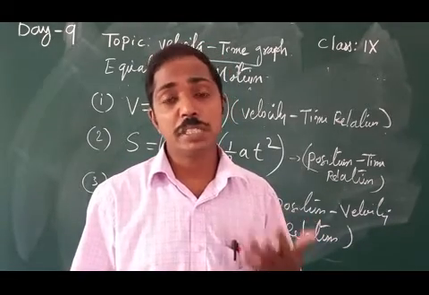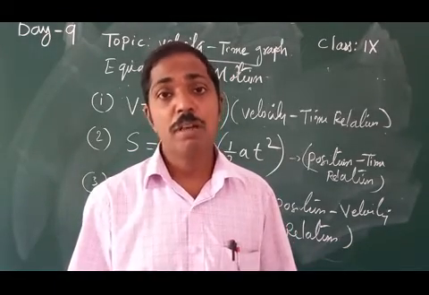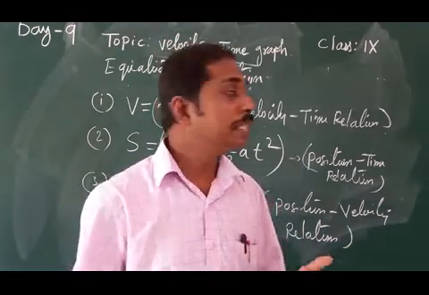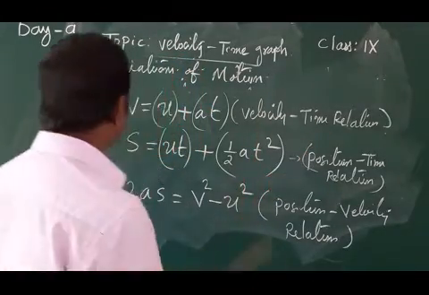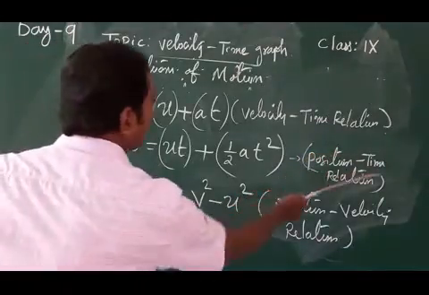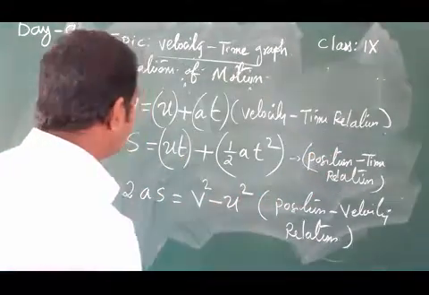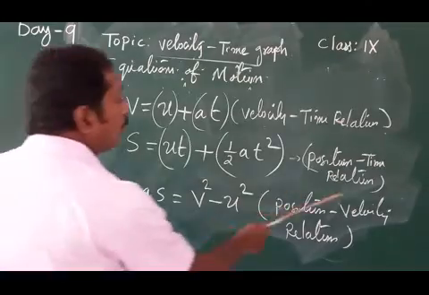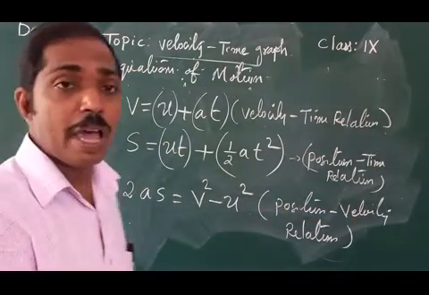Write the equations minimum 10 times when you learn. So the first one is the velocity time relation, v equal to u plus at. Next one, position time relation, s equal to ut plus half at square. Last one, position velocity relation, 2as equal to v square minus u square.